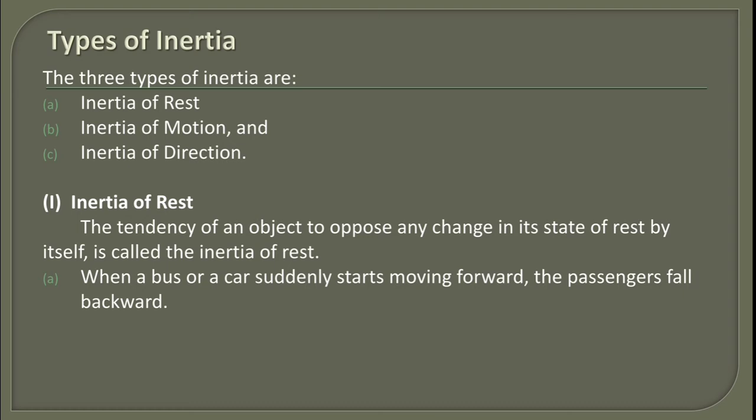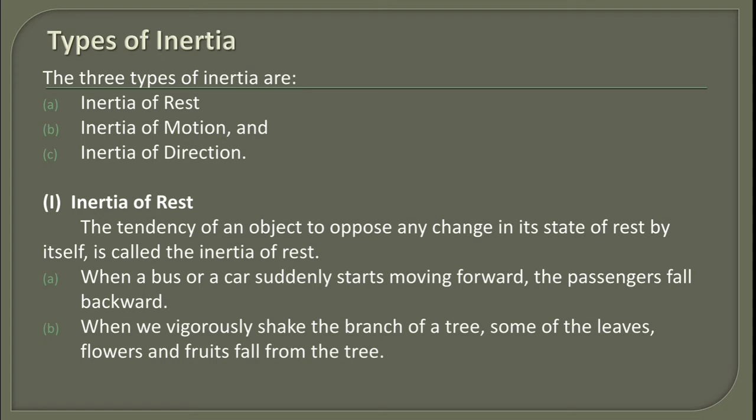So this is an example of inertia of rest. Our second example is when we vigorously shake the branch of a tree, some of the leaves, flowers and fruits fall from the tree. Again, initially both the branch of the tree and the fruits, flowers and leaves which are attached to the branch are at rest. But when we vigorously shake the branch, it comes in motion, that is, it displaces from its position.